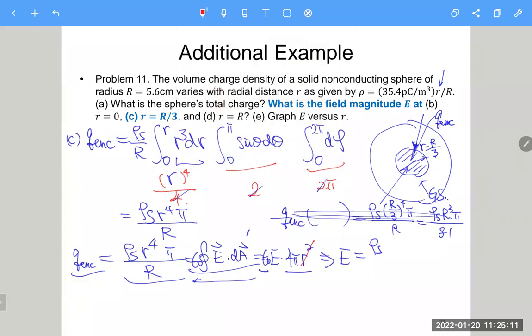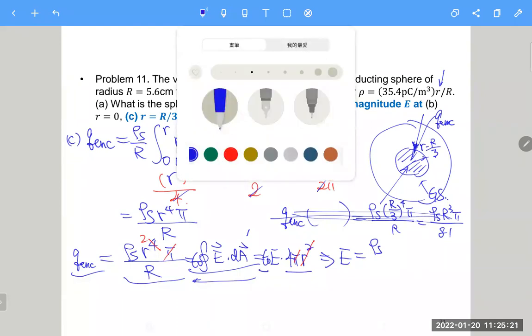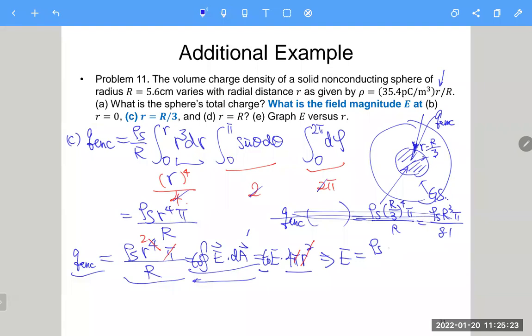This r squared and r to the fourth power can be partly cancelled, and this pi and this pi can be cancelled. So we have rho s r squared over epsilon naught capital R. We still have this 4 here.